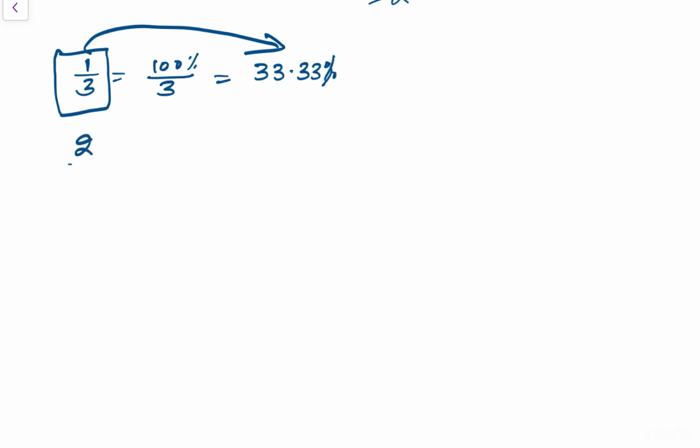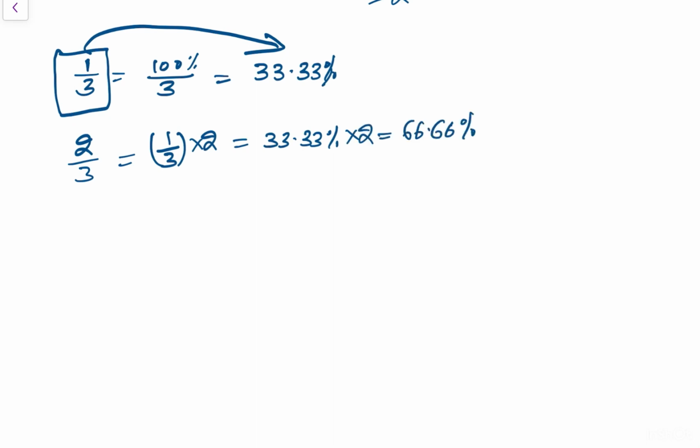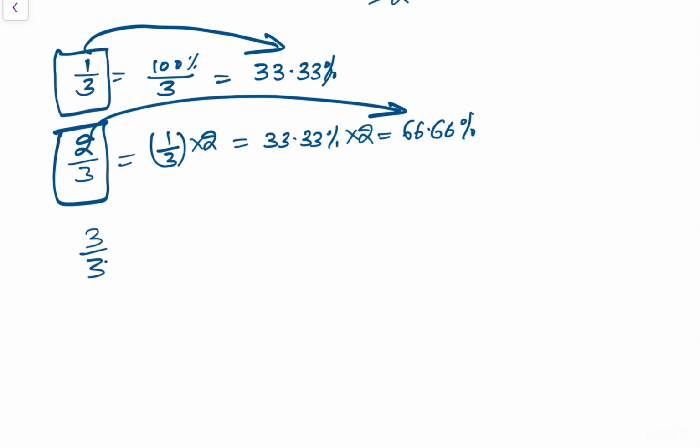Then 2 by 3 is equal to what? We can write it as 1 by 3 into 2, so that is 33.33% into 2, which is equal to 66.66%. So similarly 2 by 3 you can write as 66.66%. Then 3 by 3, cancel, is 1, so it is 100%.